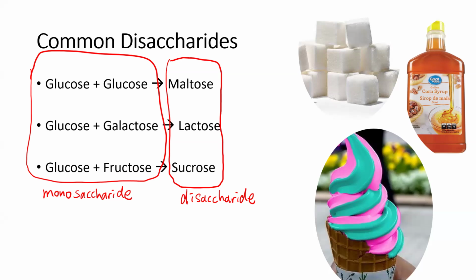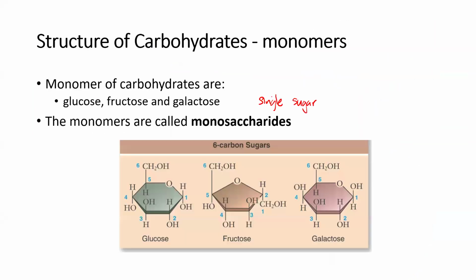Sure. Do you understand the monosaccharide? Okay. Monosaccharide is just one single sugar. Let's say this black one here is glucose. That's a monosaccharide. This one here is fructose. That's also a monosaccharide.